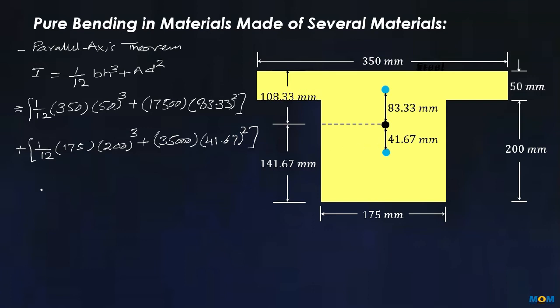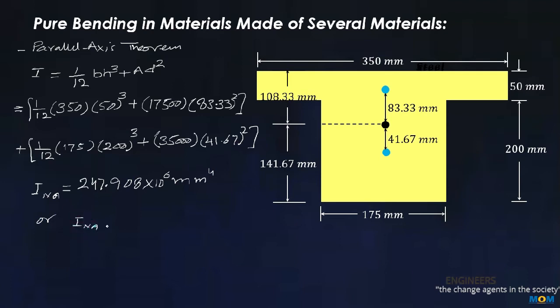Now after solving this, the moment of inertia about the neutral axis comes out to be 247.908 into 10 raised power 6 millimeter 4, or I is equal to 247.908 into 10 raised power minus 6 meter 4.